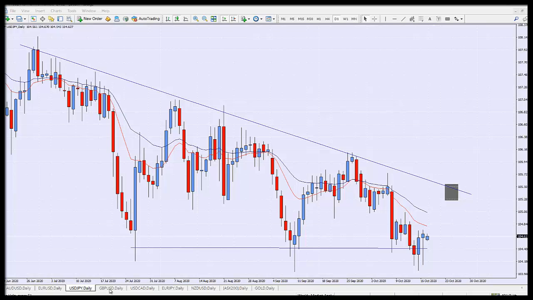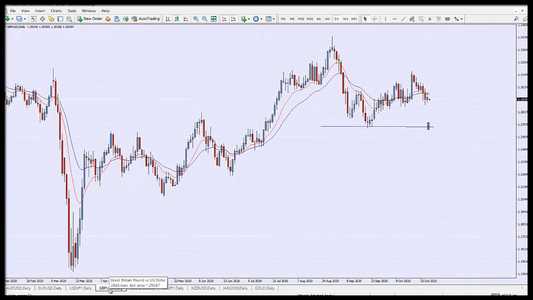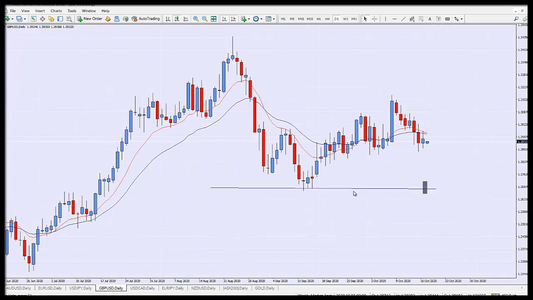Let's have a look at the GBP USD. This one's very similar to the Euro USD. You can see that I've already marked this region out. Let me move it across a little bit. Let's see if the market can come into this region here and give us an opportunity to trade off it.